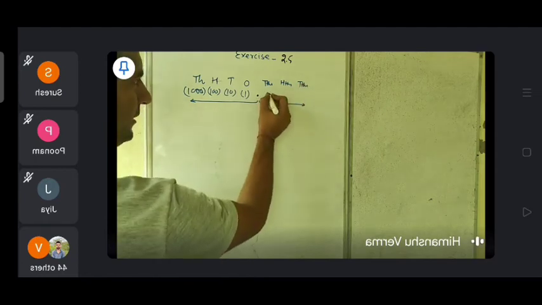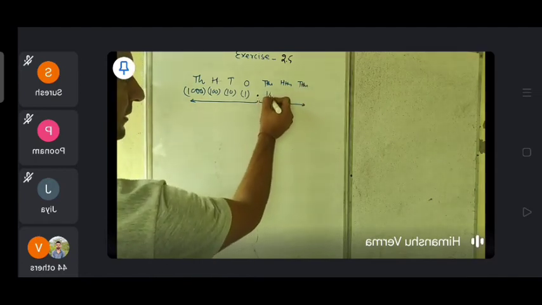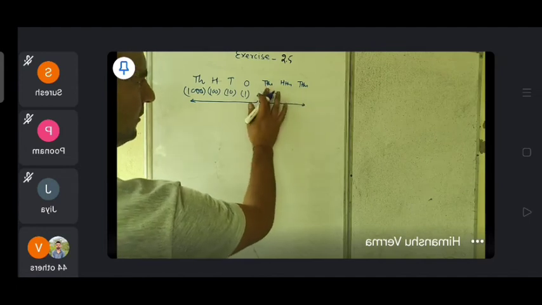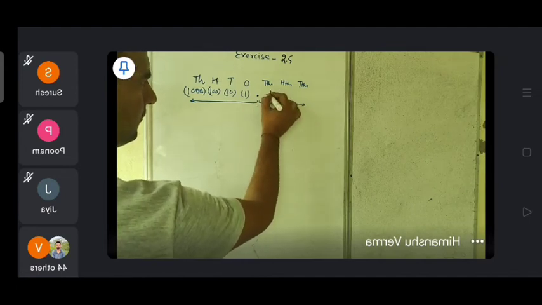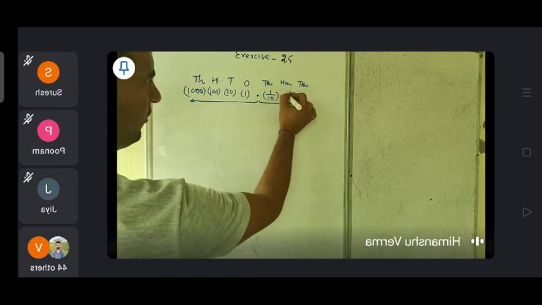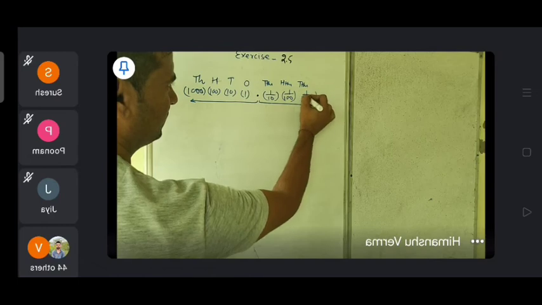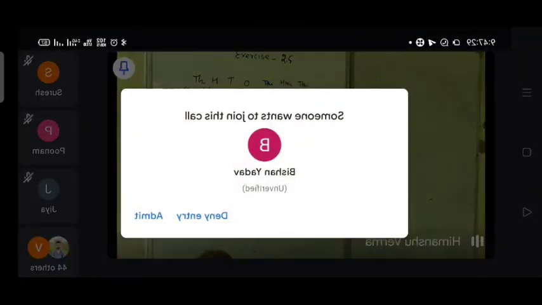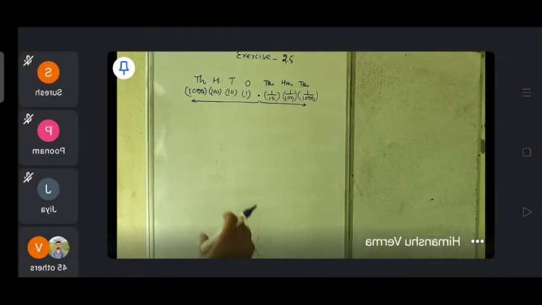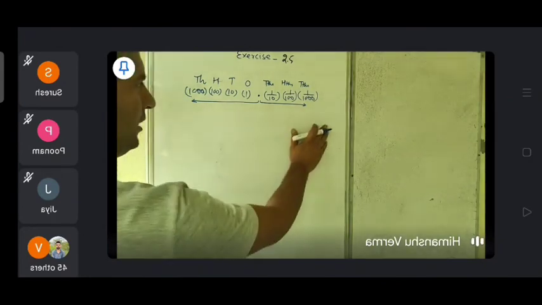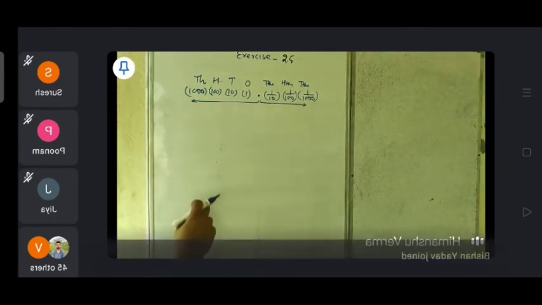Tenth की वैल्यू 1/10, hundredth की वैल्यू 1/100, thousandth की वैल्यू 1/1000. So these are some values given on the basis of this chart. आपको इसे याद रखना है. So it will help you a lot.